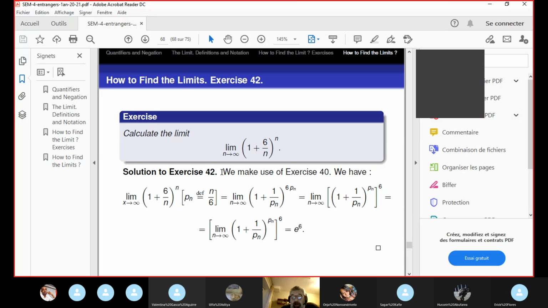We have something in brackets to the power 6. So we can take a product 6 times of the same limit, and we will obtain the same result, e to the power 6.